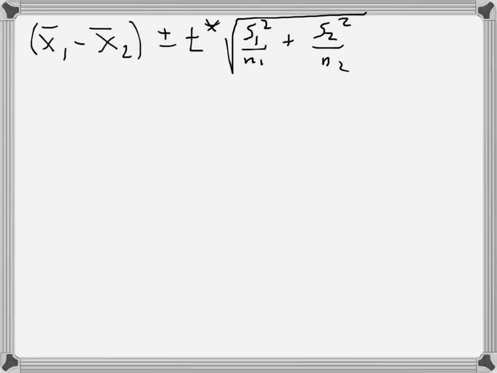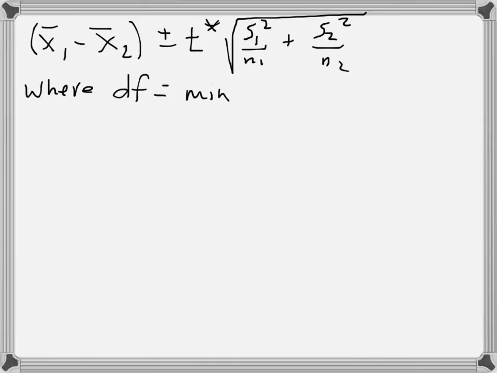Now I need to talk about the degrees of freedom, because what happens if we have different sample sizes, kiddies? Who knows? Do you know? No, they don't know. Okay, you have two choices.